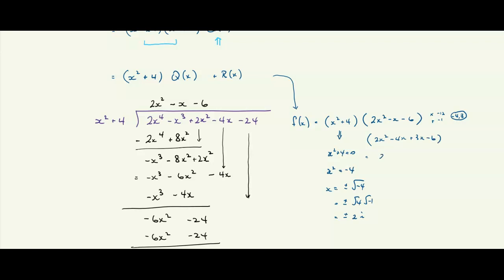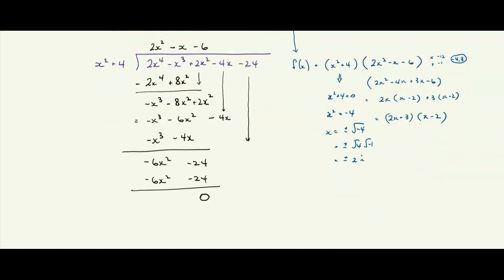All right, so that's equal to 2x(x minus 2) plus 3(x minus 2), so that's equal to (2x plus 3)(x minus 2). So the final factorized version is x squared plus 4, which is the product of (x plus 2i) and (x minus 2i), and our linears are, it's not that at all, (2x plus 3)(x minus 2).